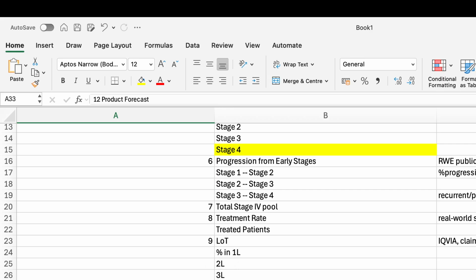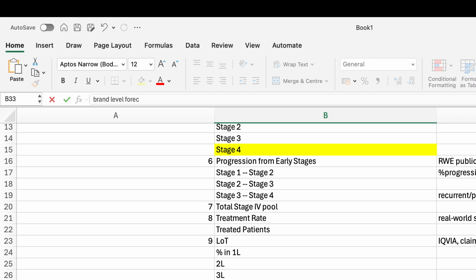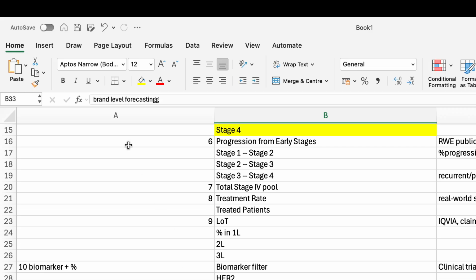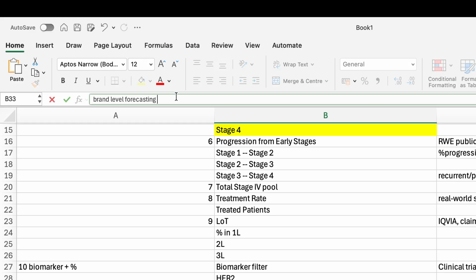So this is brand level forecasting. In the product forecast, we mainly do brand level forecasting. So we basically apply market curves or launch curves.